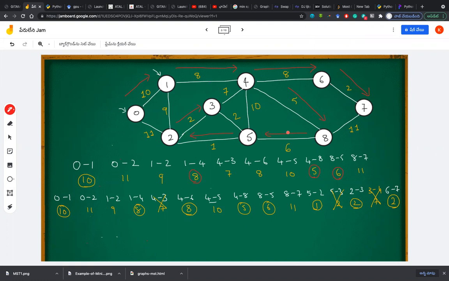For example, there is no need for you to write 5 to 3 at any cost, because you already got your minimum spanning tree with 2. So you can remove this one. So most probably there must be no ambiguity. The ambiguity only comes when the weights are the same. So the examiner can know which path you have followed, and based on that he can award you the marks.